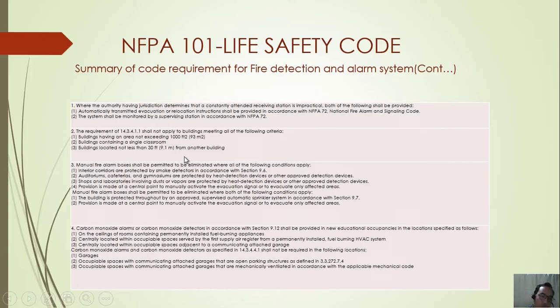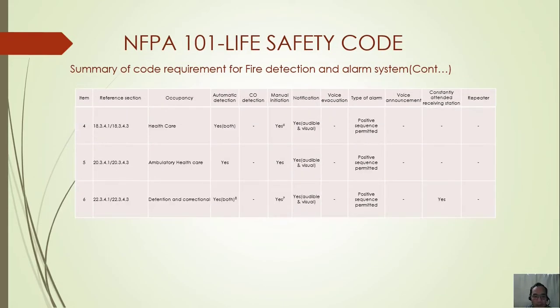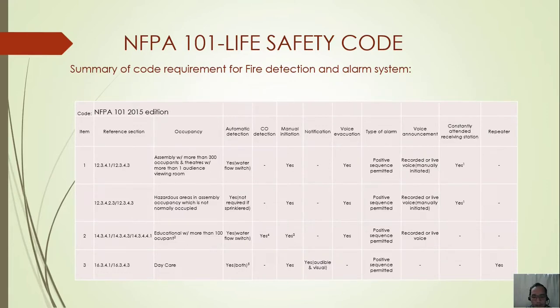So, guys, when you have a building with an area less than 93 square meters, and only a single classroom, and it is not less than 9.1 meters from the other building, then this requirement for educational is not mandatory anymore. Okay? So that is the one.